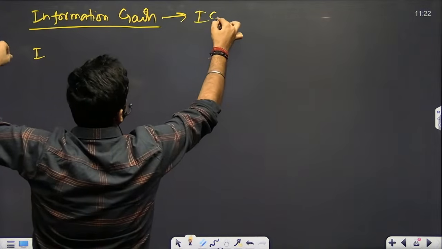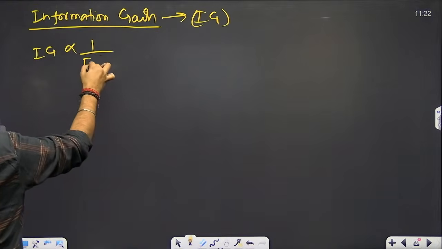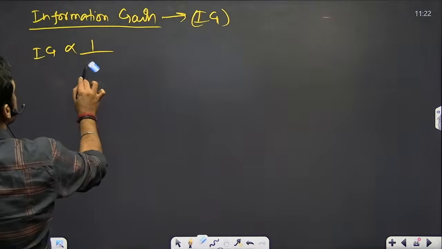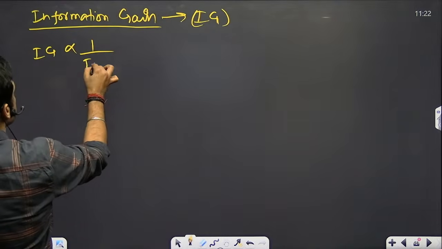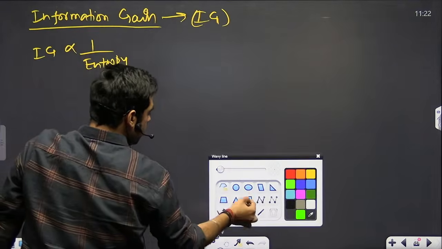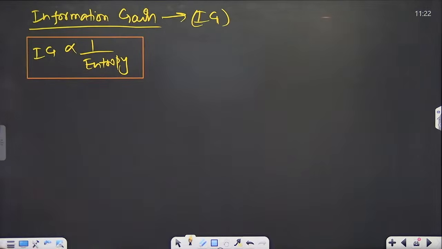I'll just write IG here. IG, information gain, is inversely proportional to entropy.